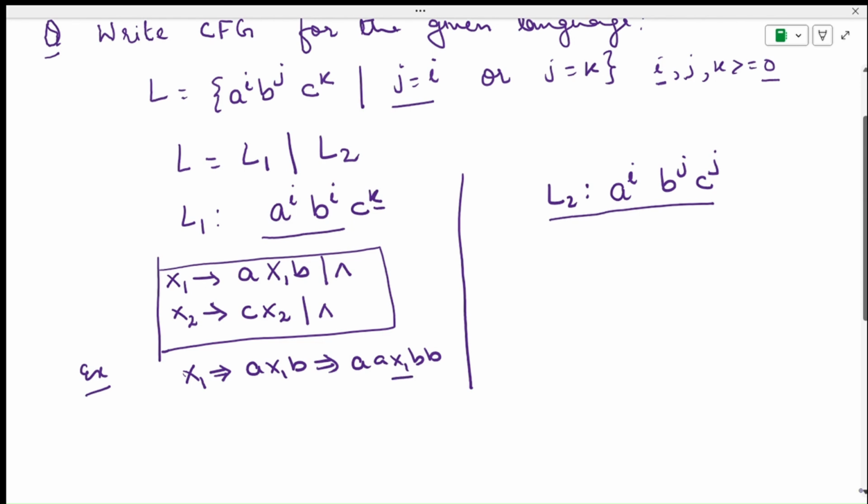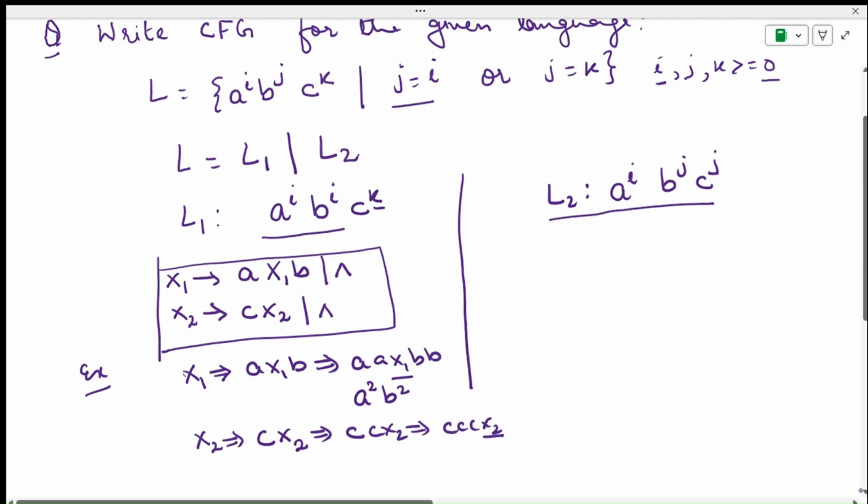In this example, I'll get a squared b squared, that is the same number of a's and b's. And then we have to generate x2. x2 can generate any number of c. Suppose I call this thrice. Eventually replace this x2 with null, so I get c raised to the power 3.